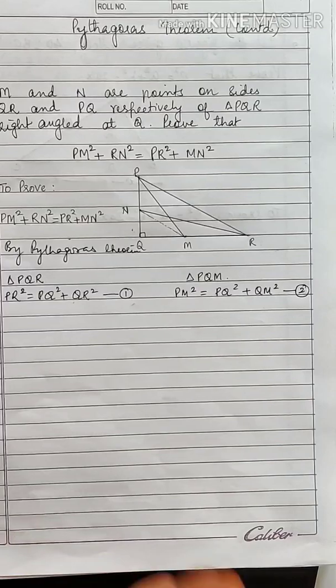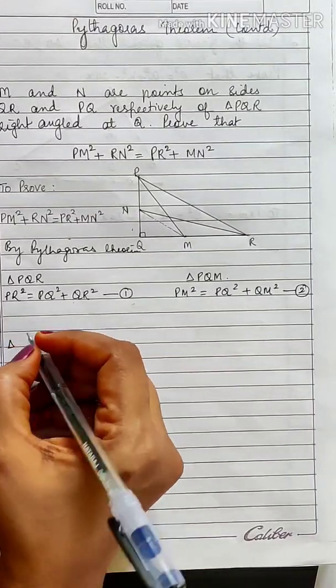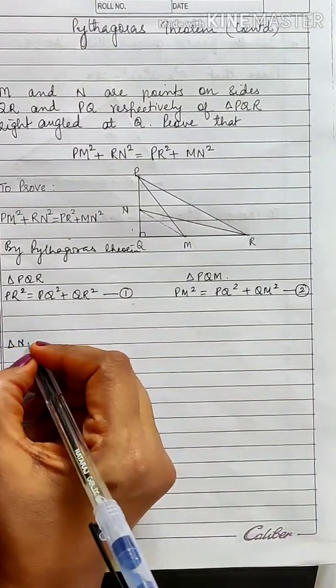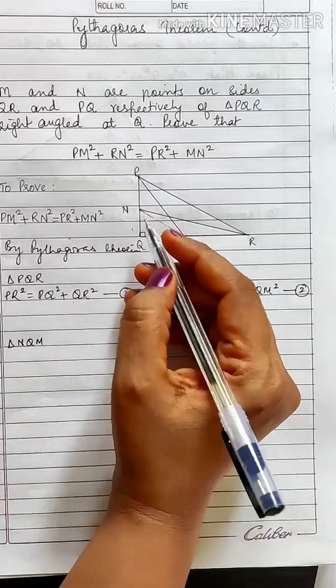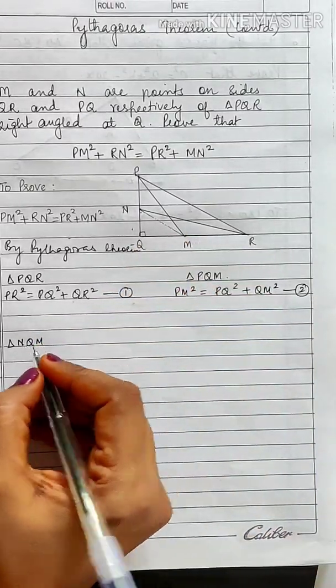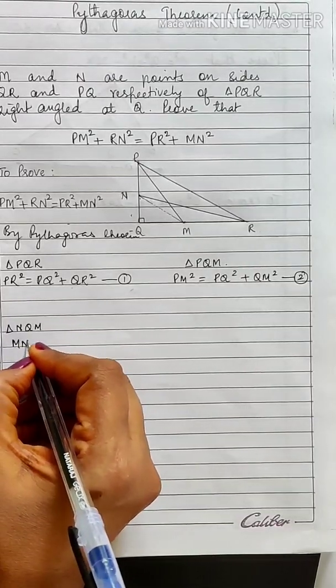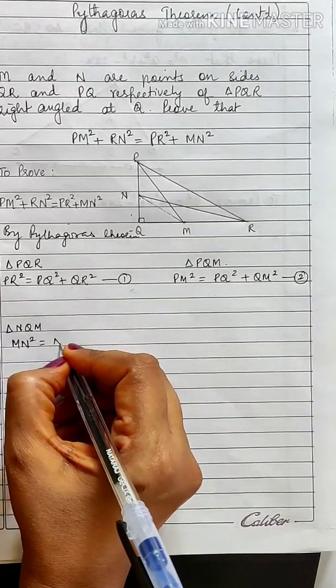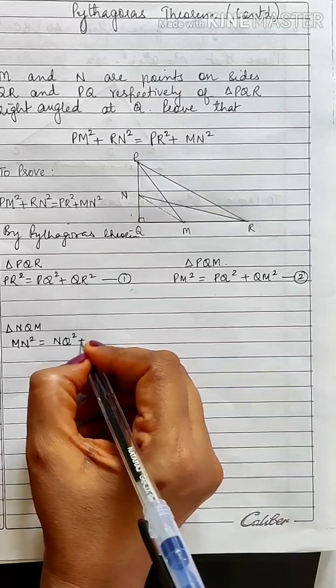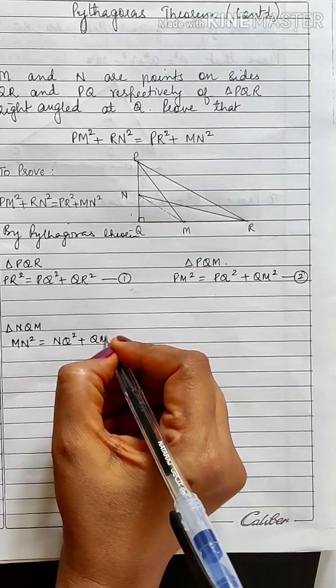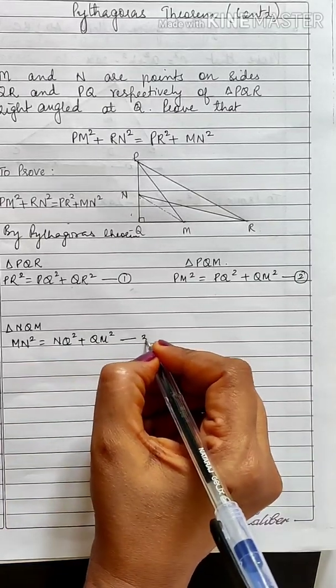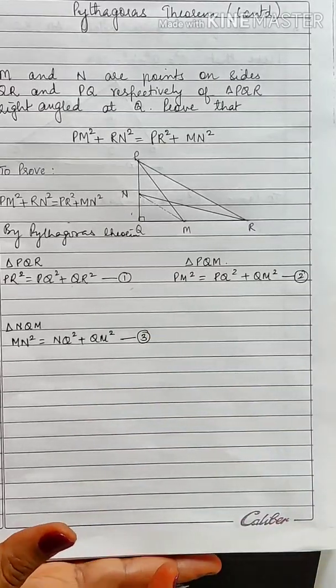Now the next triangle, triangle NQM. Here you have MN square is equal to NQ square plus QM square. This is your third equation.